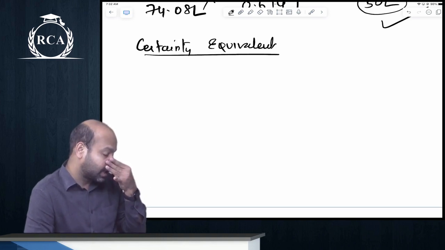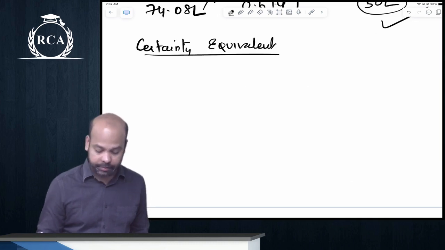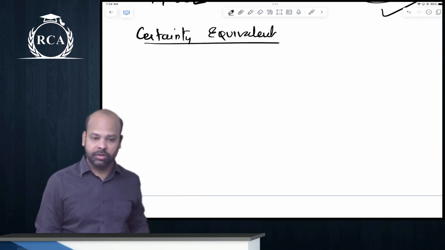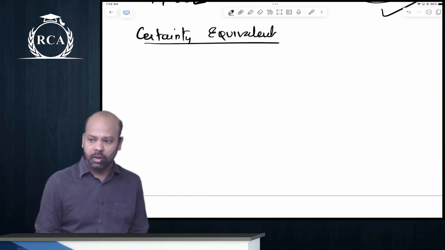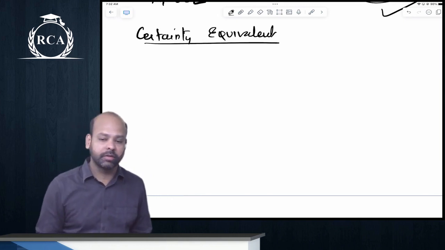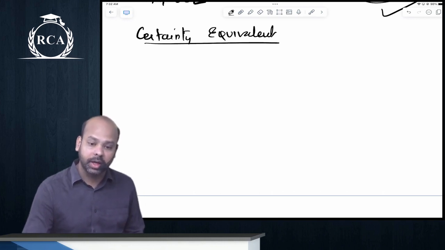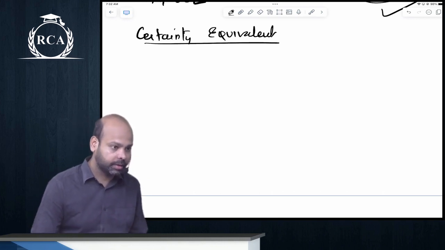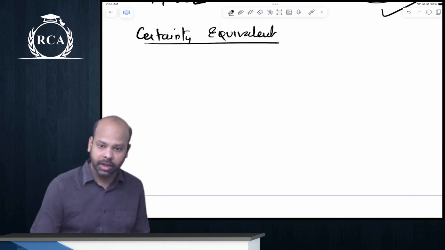The cash flows are discounted at risk-free rate. ठीक है बेटा.